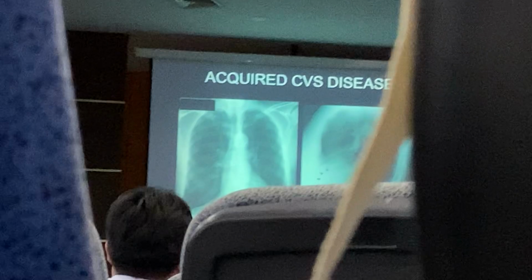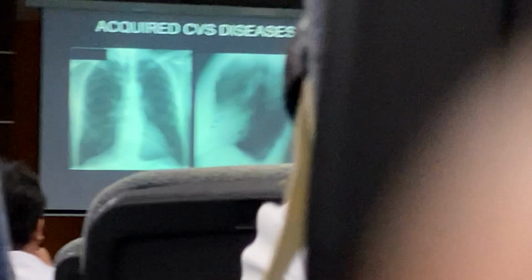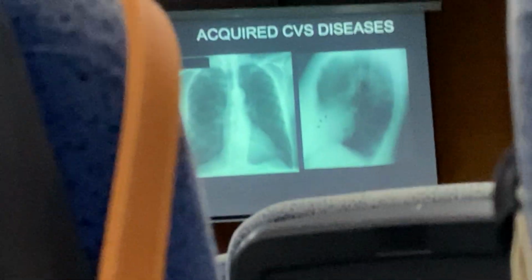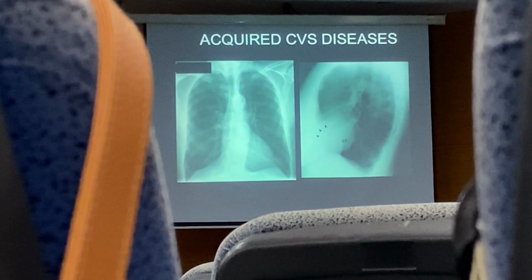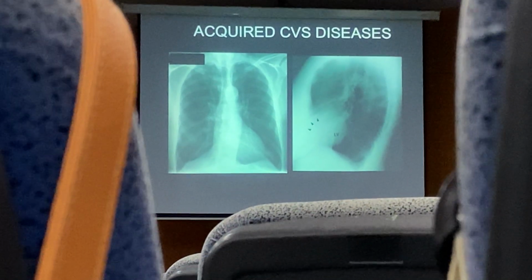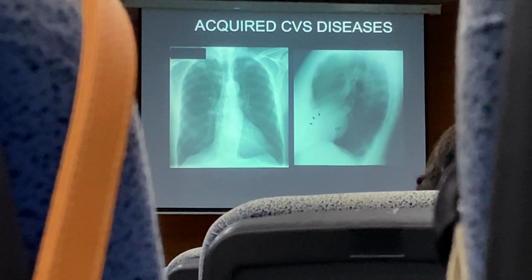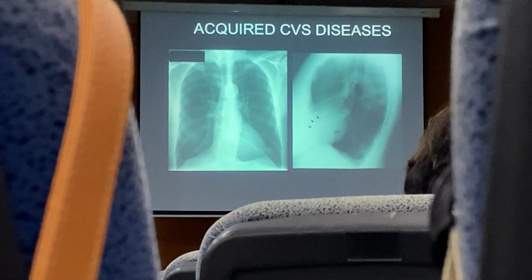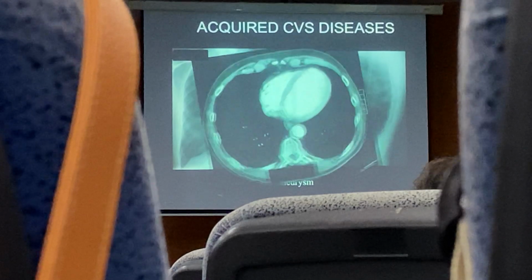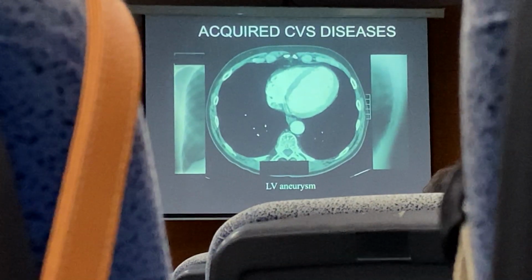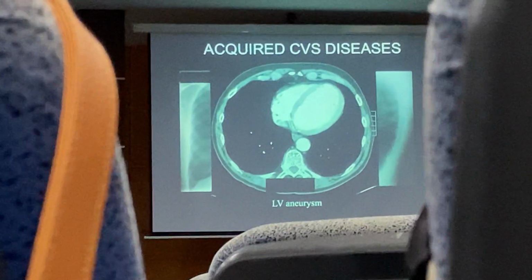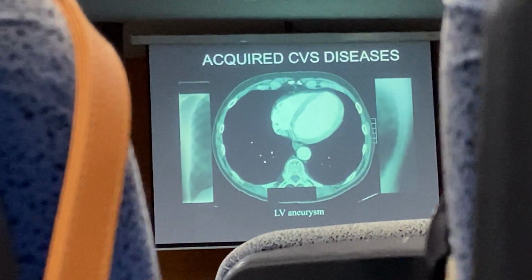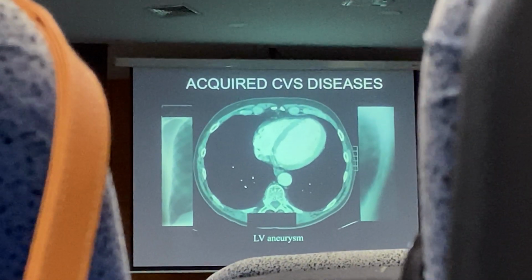You'll first think of something like, can this be a new growth, a pericardial cyst? Then, if you have a high index of suspicion, you request a 2D echo or MRA or CT, so you can see there the staining of the wall of the left ventricle. So it's confirmed that you have a left ventricular aneurysm.